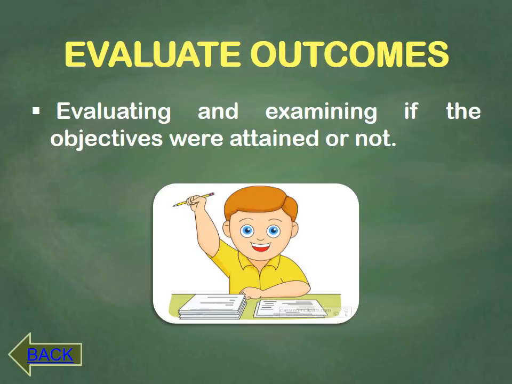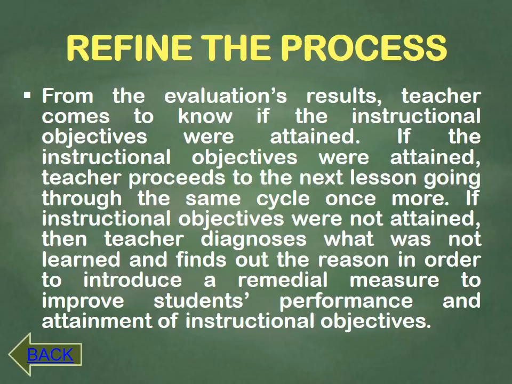Evaluate outcomes. Evaluating and examining if the objectives were attained or not. Refine the process. From the evaluation's results, the teacher comes to know if the instructional objectives were attained.